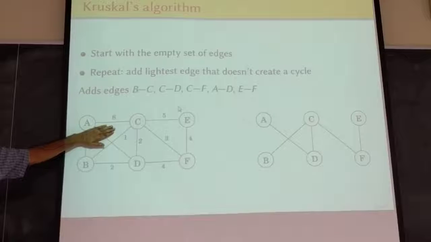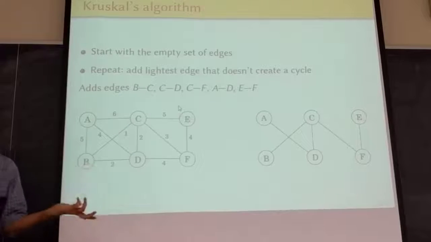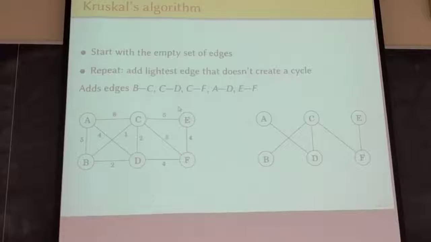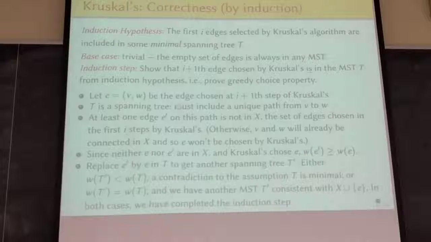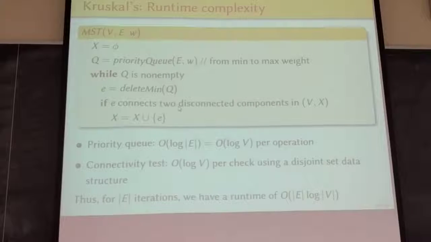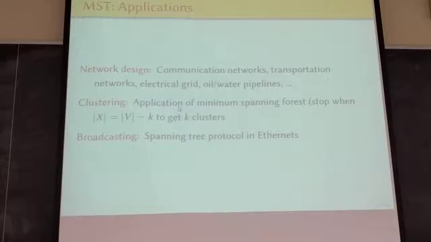Because the highest cost edge is going to be the very last in your queue, you really have to go through all the edges before you can say you're done. So this is why the complexity is that high.